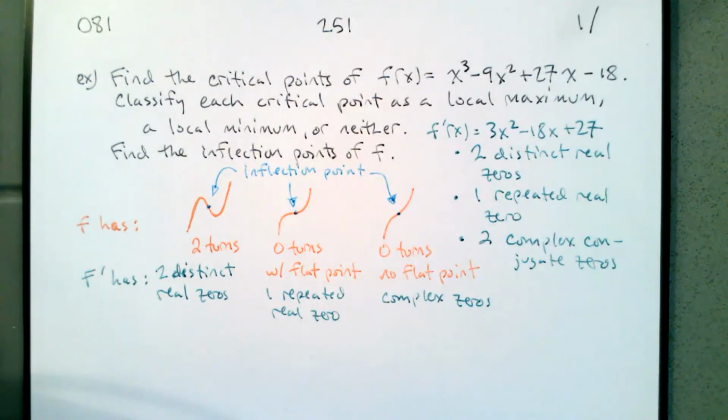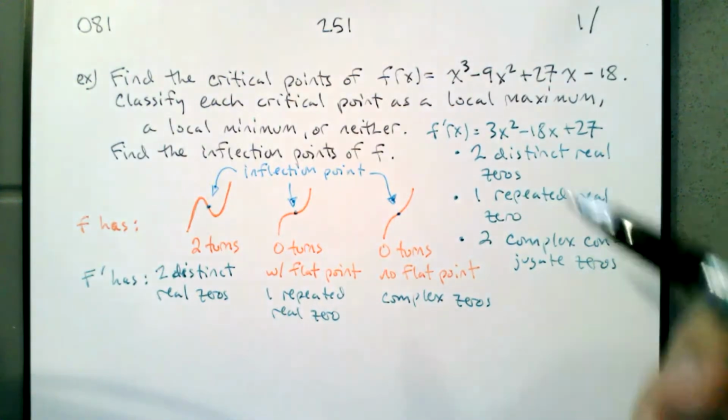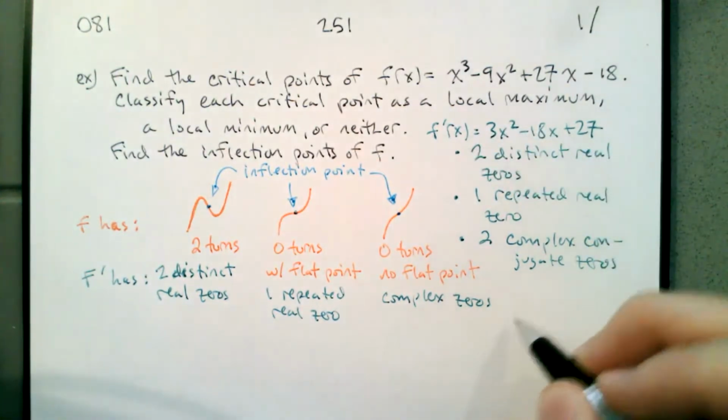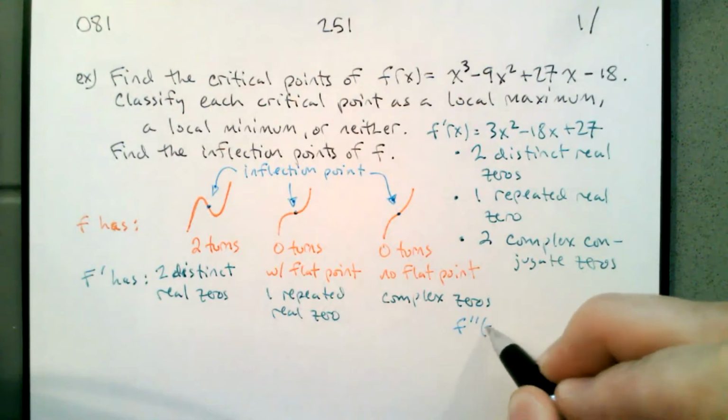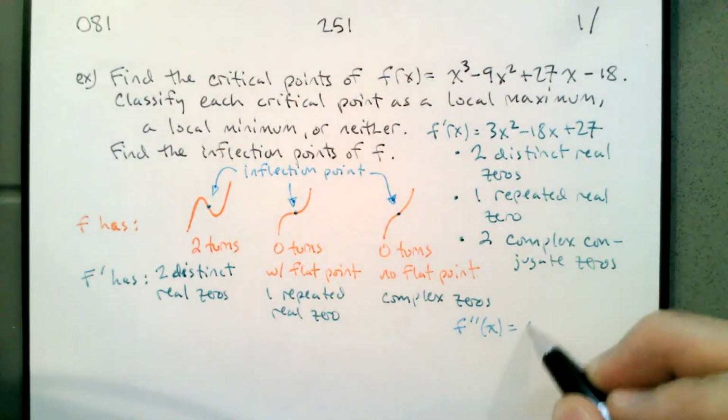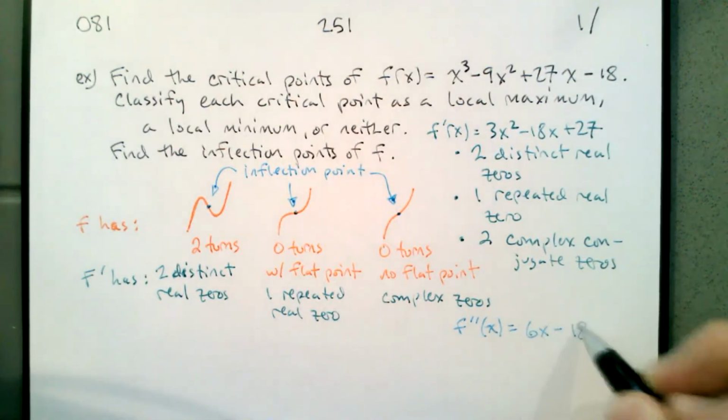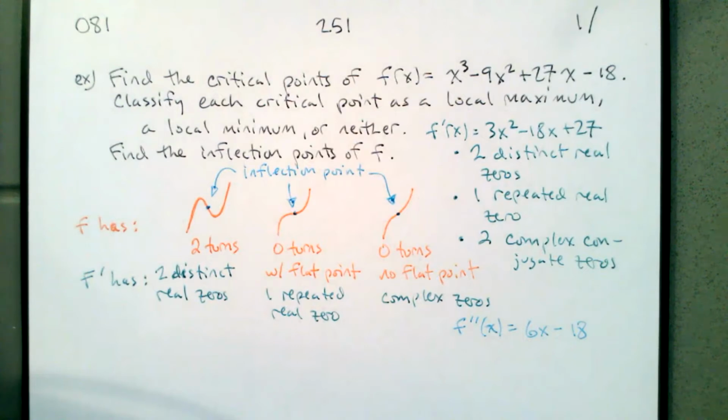That makes sense because the inflection points will happen at the zeros of the second derivative. And if we look at the second derivative, f double prime of x is going to be 6x minus 18. This will always have exactly one solution.